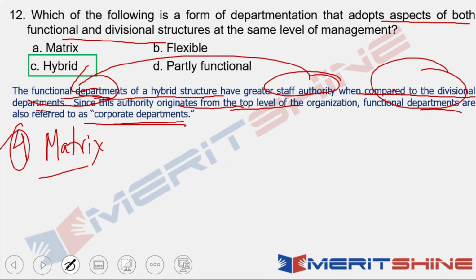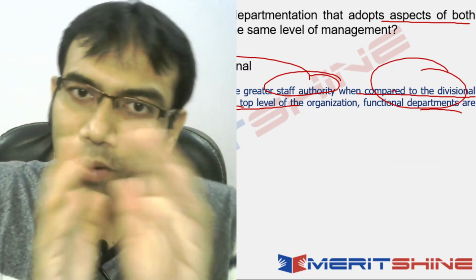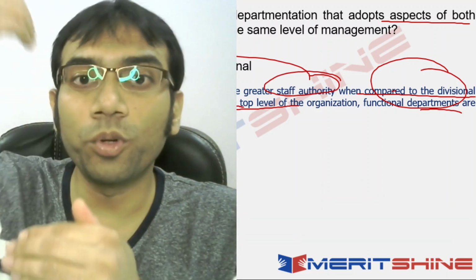Because say there is a purchasing department for all the plants together, there is a purchasing head, and there are purchasing heads for plant A, plant B, plant C too. Let me come on the screen for this. So there is the plant A purchasing head who reports to the plant A director, and he also reports to the corporate purchasing head.